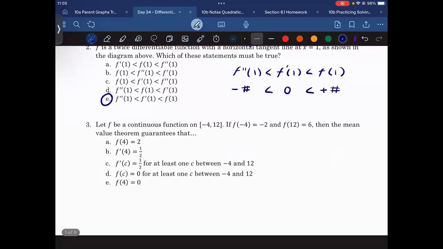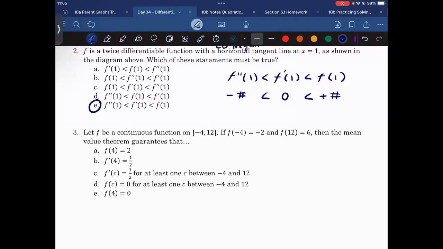And then the last one, let f be a continuous function on negative 4, 12. If f of negative 4 equals negative 2, f of 12 equals 6, then the mean value theorem guarantees that, blah, blah. So what we're doing, the mean value theorem is this.